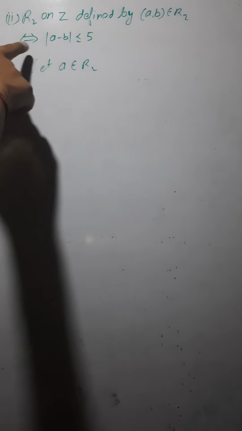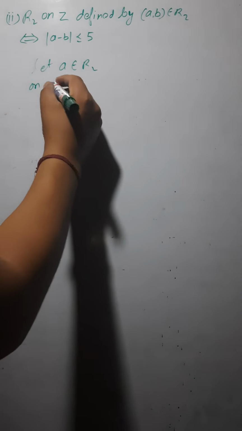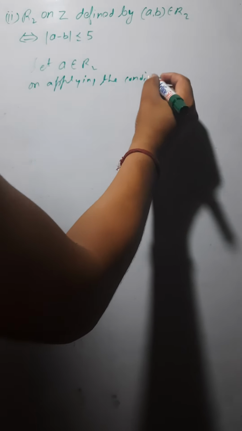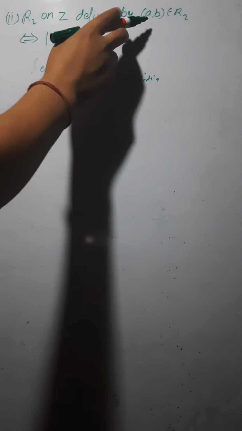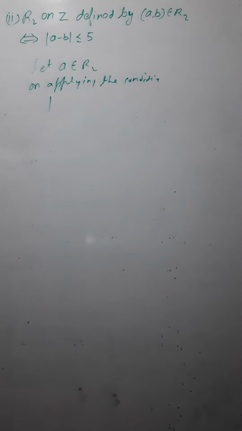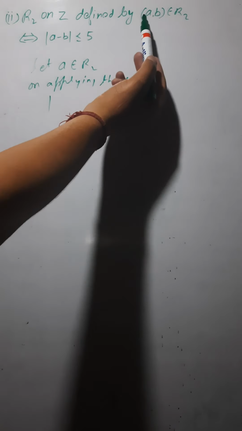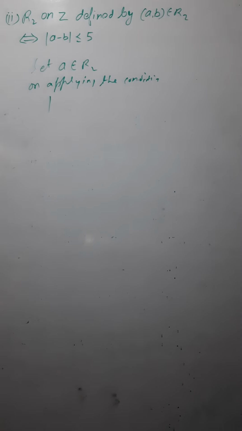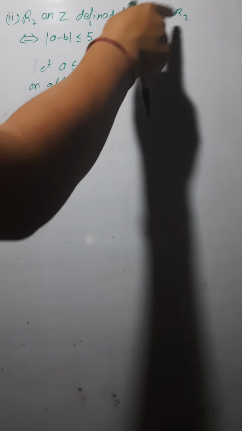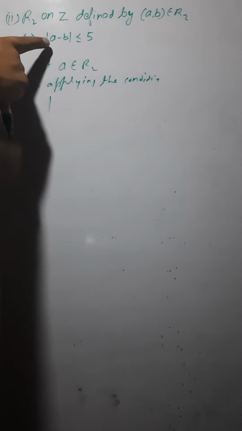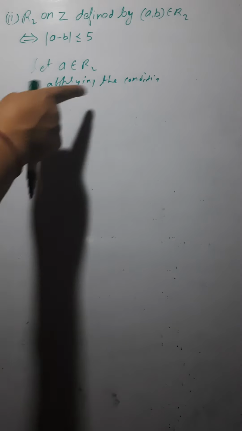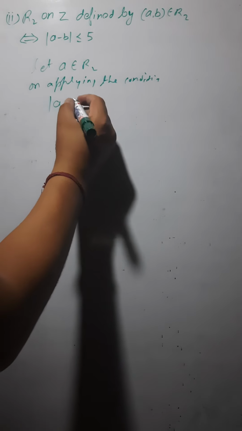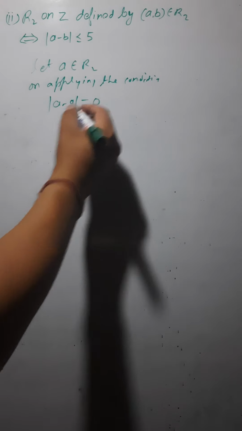Applying the given condition, the first element is A and the second element should also be A. We need (A, A) in the relation R2, and only then the relation is reflexive. (A, A) will be there if it follows the condition. The condition is modulus of A minus A, because both elements are the same in the case of reflexivity.